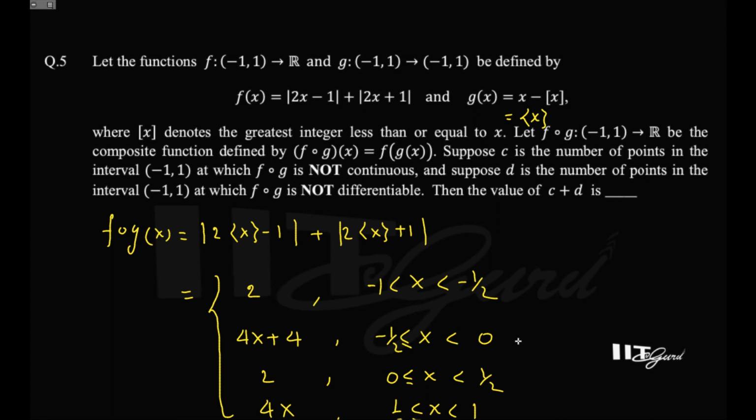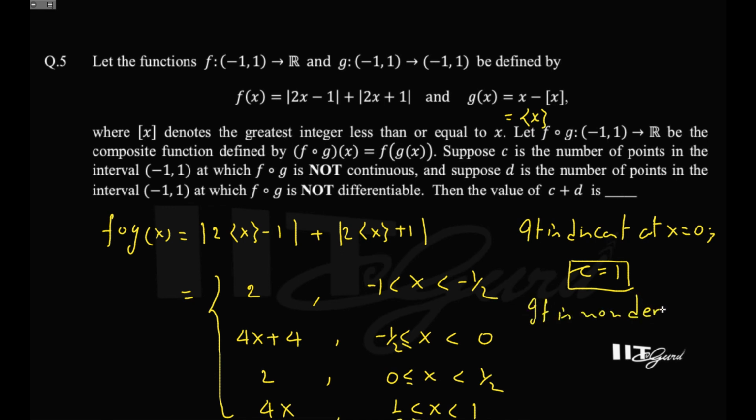There is one point, x equal to 0. So C will be 1, because only one point where the function is discontinuous.